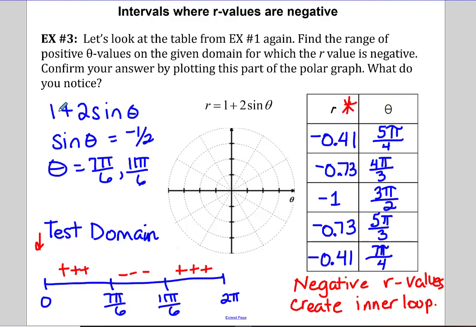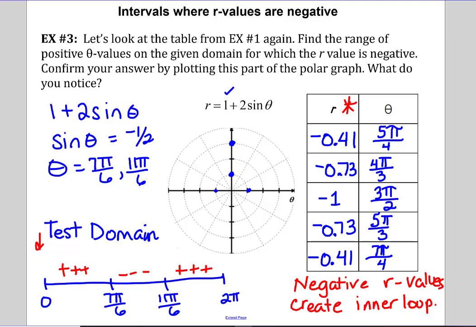So here's what's happening. Using the tricks from before, if you had 1 plus 2, you got 3, and it had to be up 1, 2, 3. And 1 minus 2 would be negative 1, but because it's a sine curve and its axis of symmetry is the y-axis or the line pi over 2, we needed 1 up from here to be the inner loop. And then we needed this A value, 1 to the right and 1 to the left.